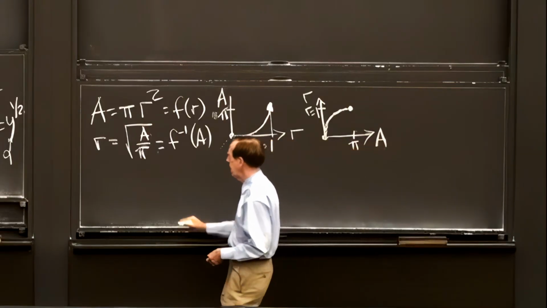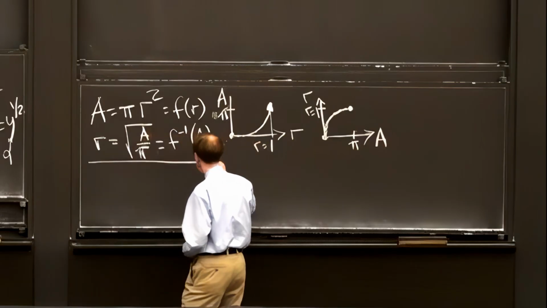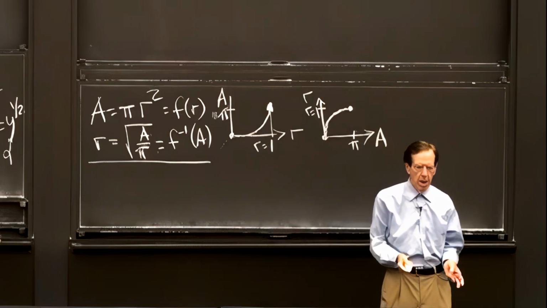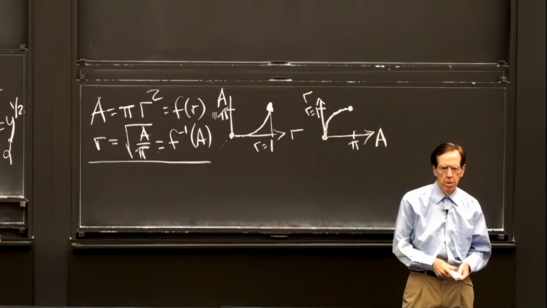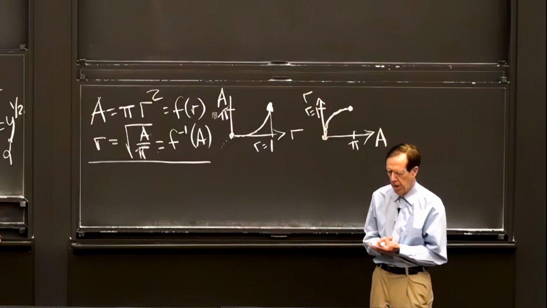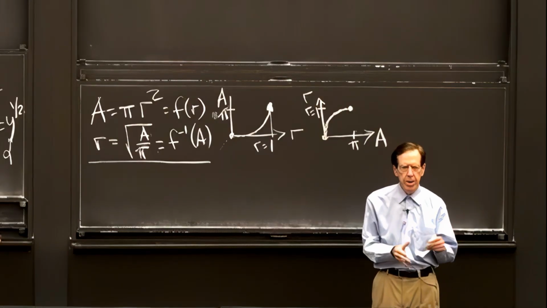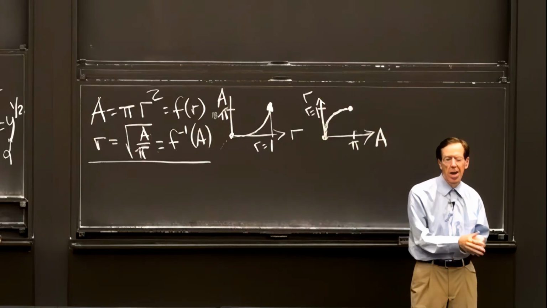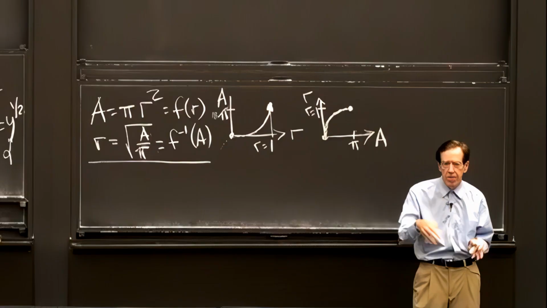All right, let me do the second example. What about temperature? We could measure temperature in Fahrenheit, say F, or we can measure it in centigrade or Celsius, say C. And what's the connection? What's the function?